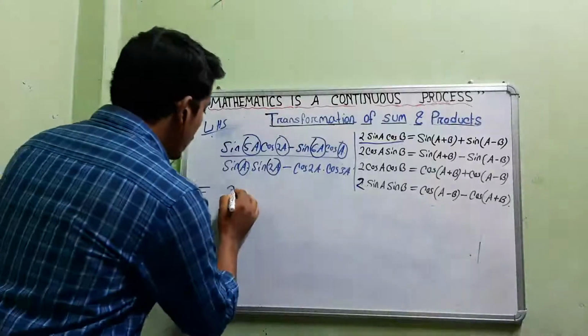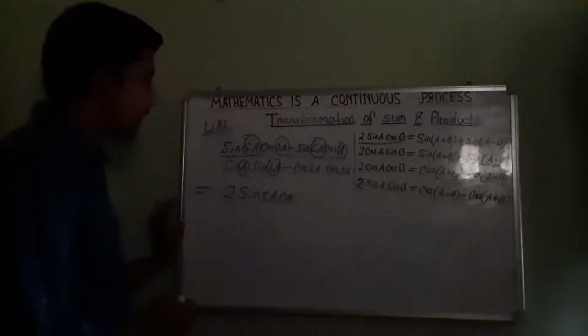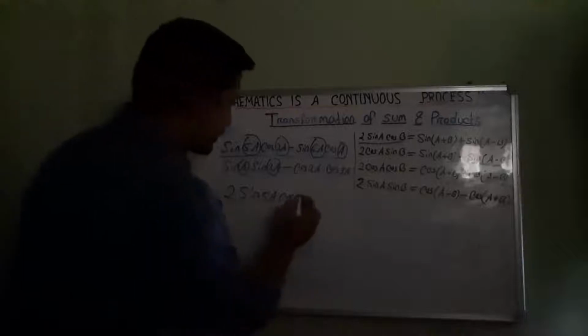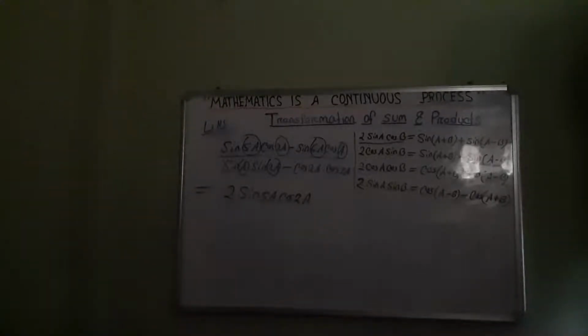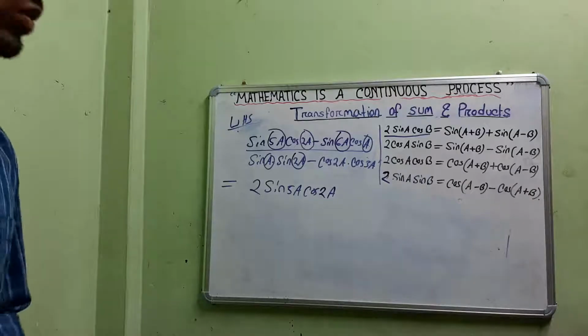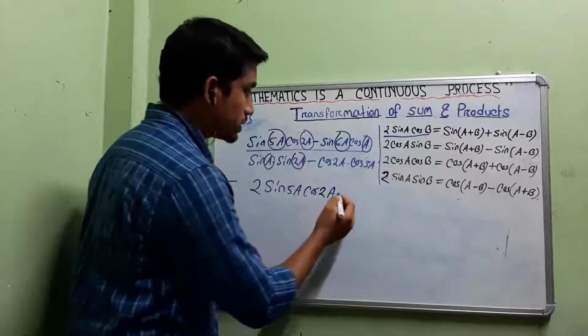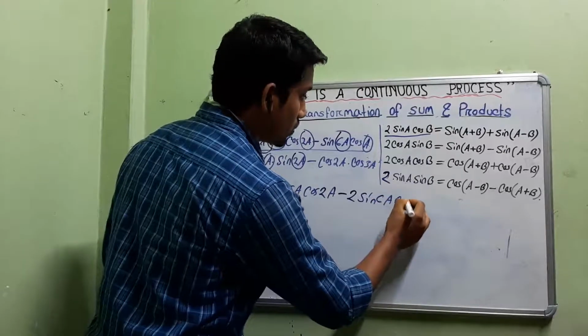So we'll multiply the numerator by 2: 2 sin 5a cos 2a, and here also we introduce the 2, so it will be 2 sin 6a cos a.